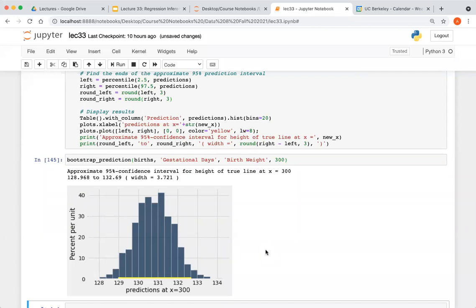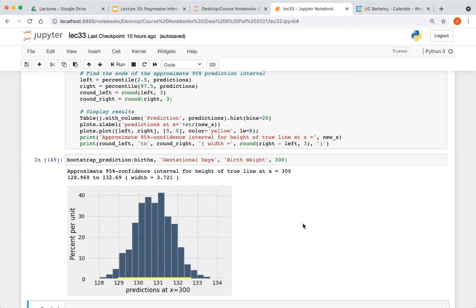Yes, that's correct. Okay, so we have our interval. We are saying that for a baby who has 300 gestational days, the birth weight of that baby, at least the true birth weight on our true line, is somewhere in the range, roughly about 129 to 132.5.